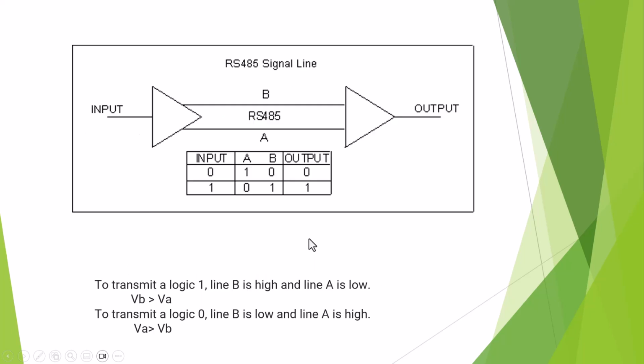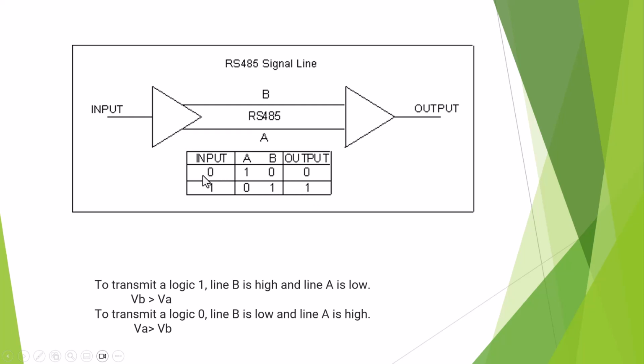The electrical detail here is the RS485 signal, which is called tri-state. It has two lines, A and B. Here is the input, here is the output. If input is 0, A is logic 1, B is 0, and output is 0. If input is 1, A is 0, B is logic 1, and output is 1.